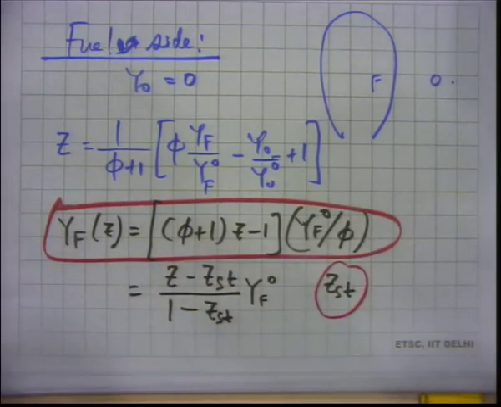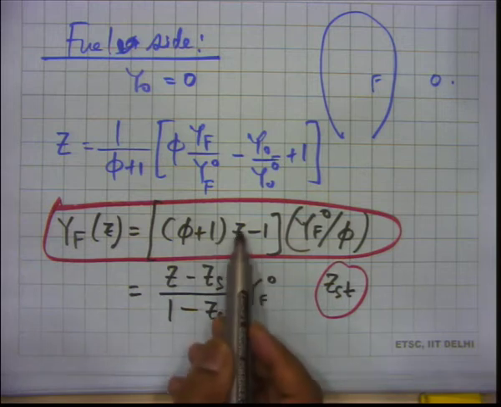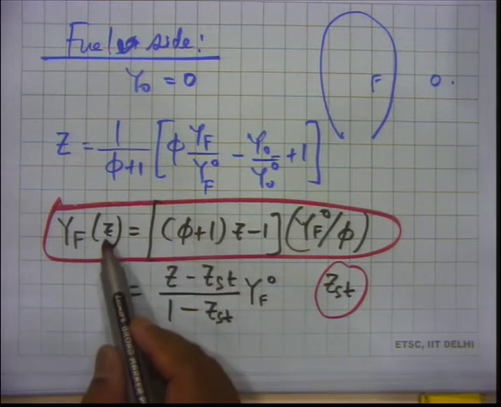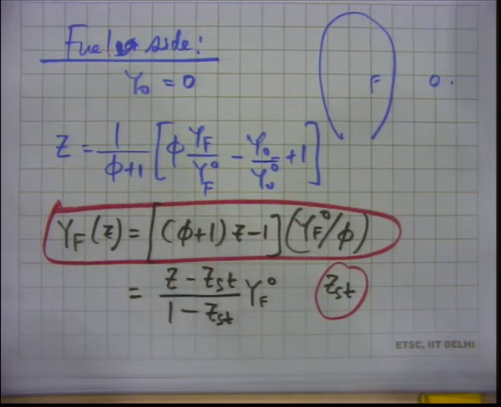This is what we have been talking about, that if we can get Z by solving the mixture fraction equation, then maybe we can use that Z value to get YF. So, from Z we can go back to YF.